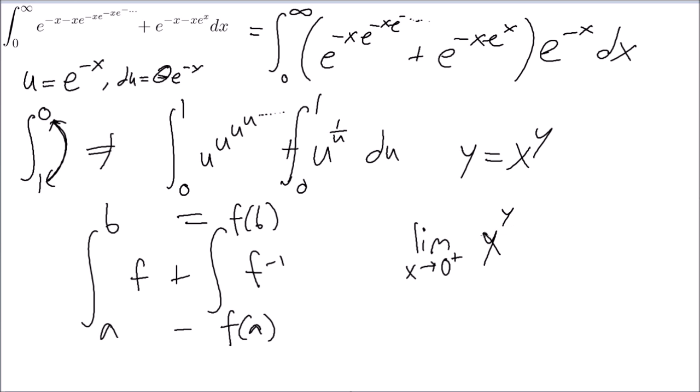Okay, so x to the power of y. We get the limit of e to the y ln of x. But then we have to differentiate y. What is this, implicit differentiation? Oh no way, is that what I have to do?